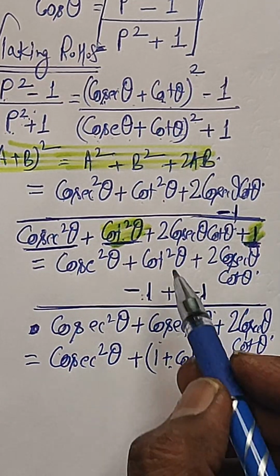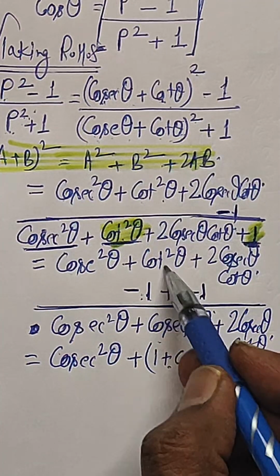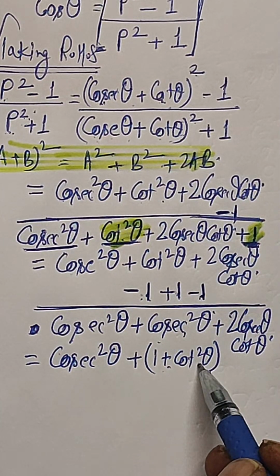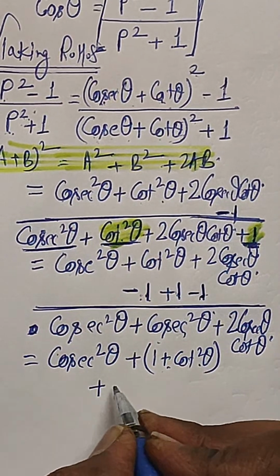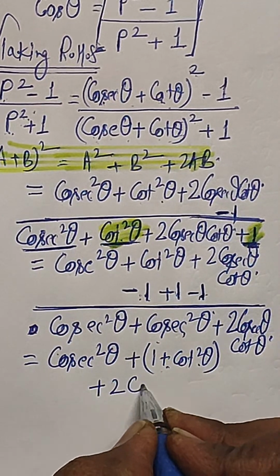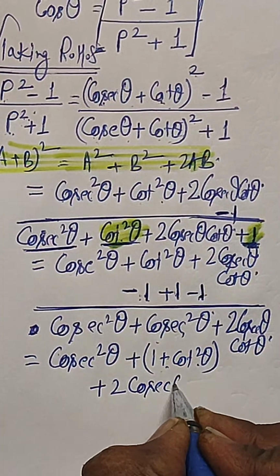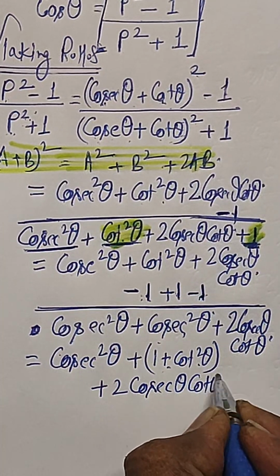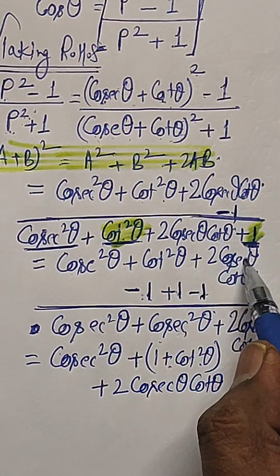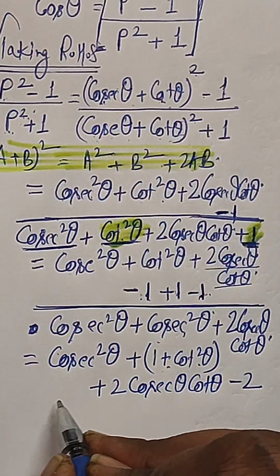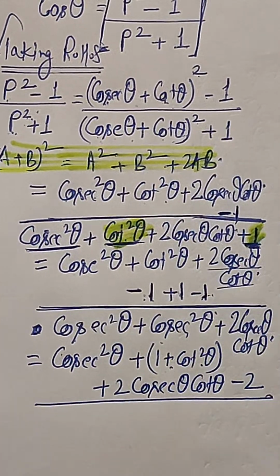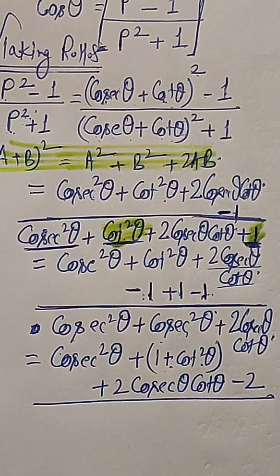So when we added it, it becomes cosec square theta, and here minus 1 and minus 1, minus 2 is left, so minus 2 will be after this 2 times cosec theta and cot theta, and this minus 2, all this into the numerator and whole divided by, right?